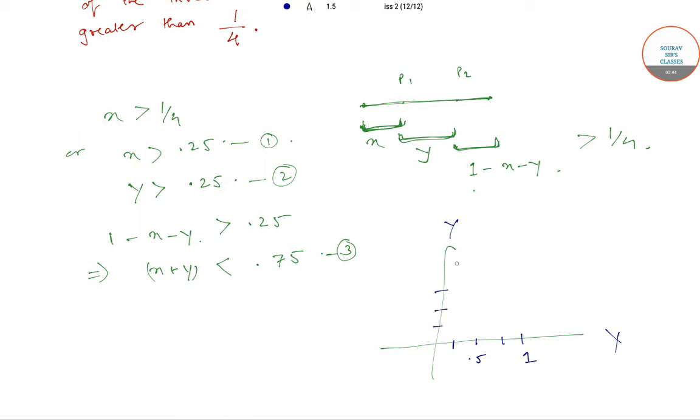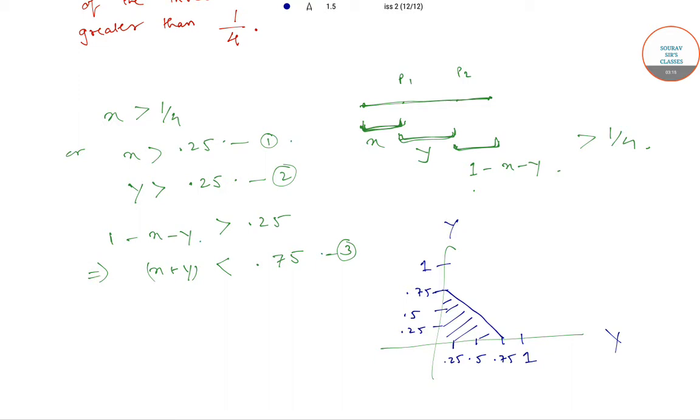Similarly here it's 1, it's 0.5. So this line is 0.75, it's 0.25, here it's 0.75, 0.25. Now this third one, that is x plus y less than 0.75. So this shaded region is the graphical representation of equation number 3.